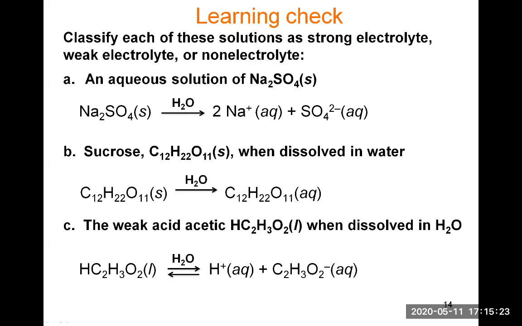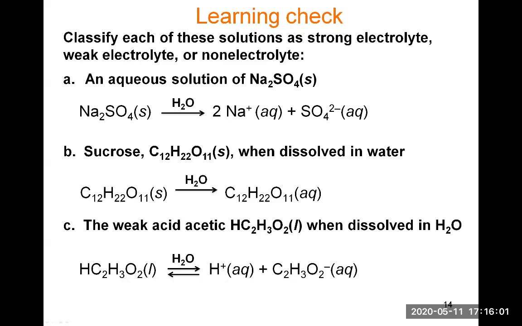So let's go through this learning check and classify each of these solutions as strong electrolyte, weak electrolyte, or non-electrolyte. You're given the name, so it's an aqueous solution of Na2SO4 to start with. Na2SO4 is an ionic compound. It's a salt, it's a solid, and when you place it in water, it dissociates into two Na+ ions and one sulfate ion.